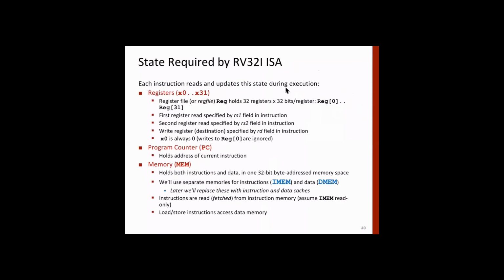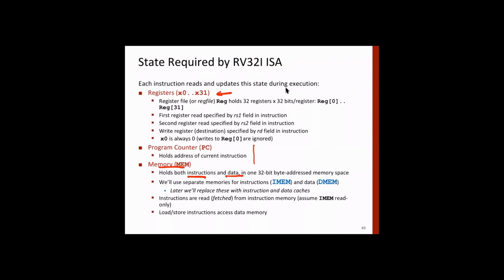And then these details are available to us. We have registers X0 to X31. Then we have another state element, which is the program counter, which is nothing but a 32-bit register. And then we have ideal memory. The memory contains both instructions and data.